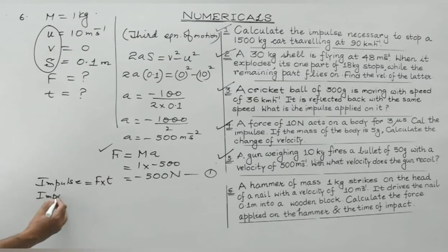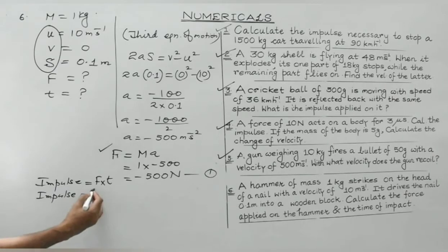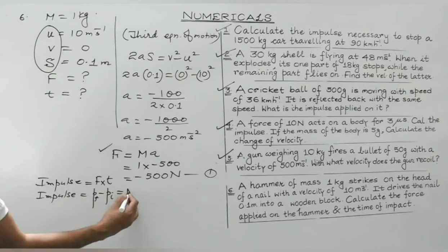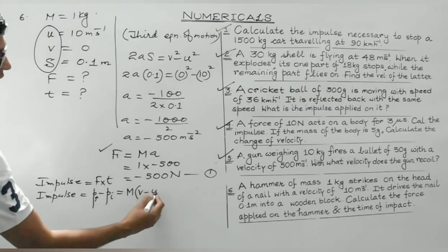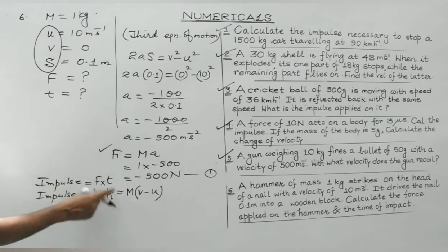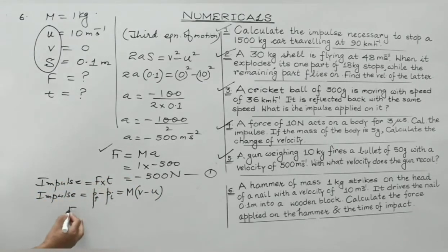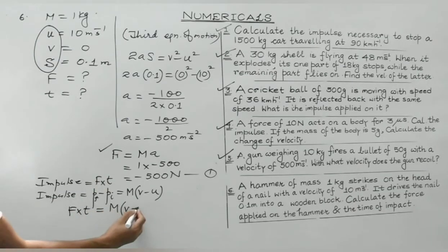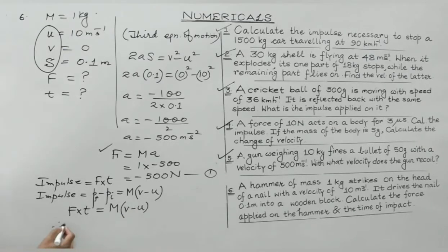Also, impulse is equal to change in momentum, final momentum minus initial momentum, that is mv minus mu, isn't it? So you can equate these two. So what you get is, F multiplied by t is equal to mv minus mu. Therefore, time can be obtained by using this formula divided by F.